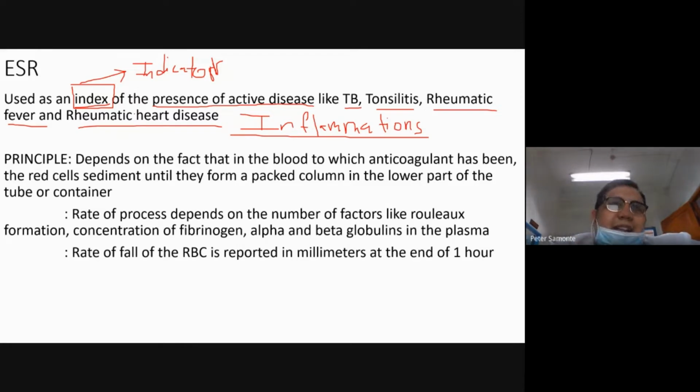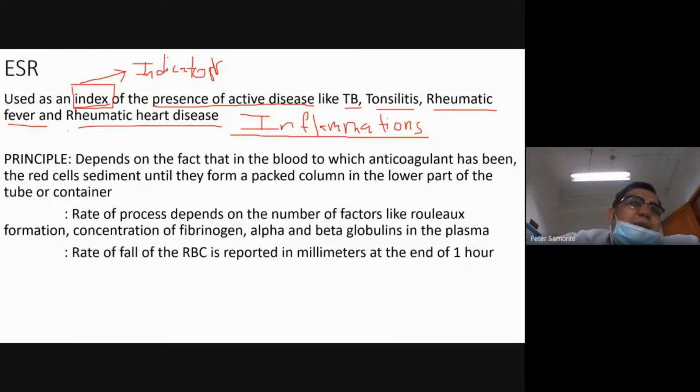Again, your ESR is used as an indicator for the presence of active diseases such as TB, tonsillitis, rheumatic fever, and rheumatic heart disease. In a general aspect, it is used as an indicator to determine if there is inflammation in the body, inflammation of the tonsils, inflammation of the lungs, inflammation of your heart, and even your joints.